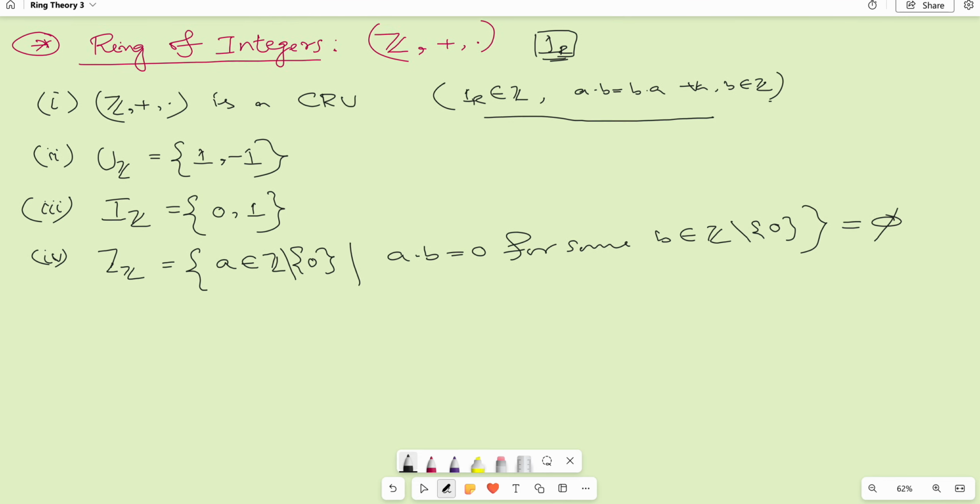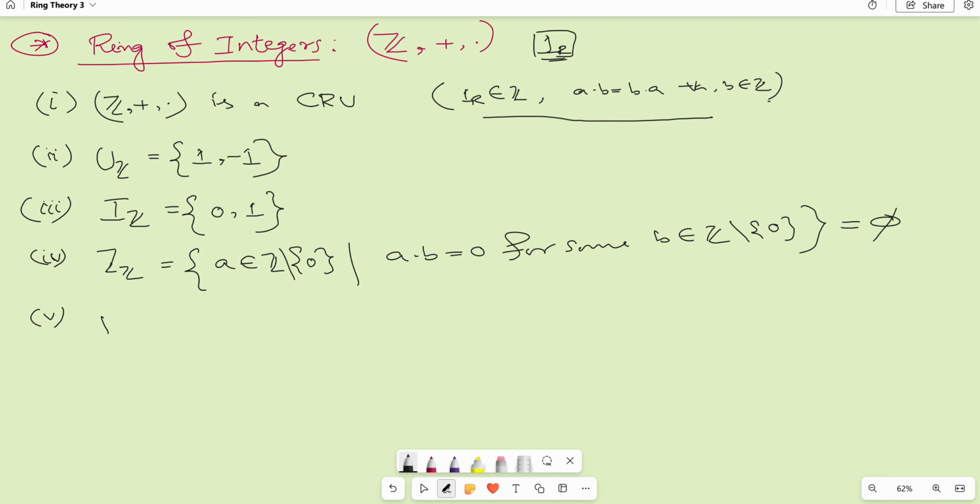After that we'll talk about one more property, which is: what are the nilpotent elements in Z? Nilpotent means you should have an A such that A to the power of some K is 0. So 0 definitely will satisfy this.